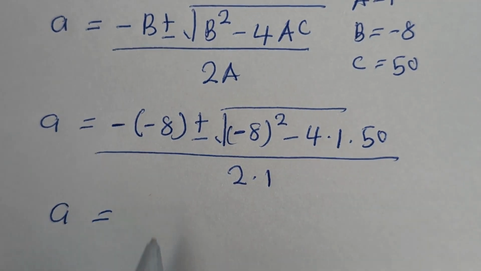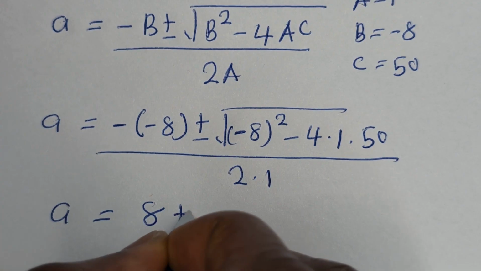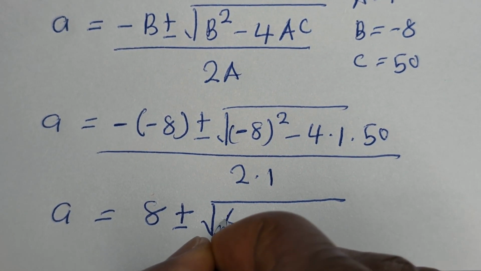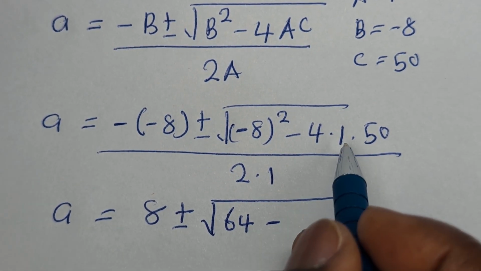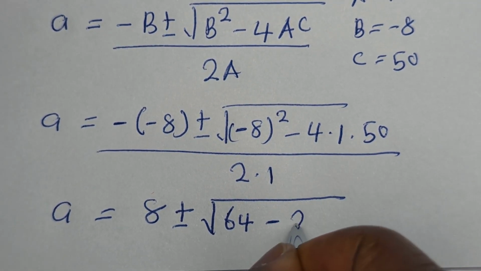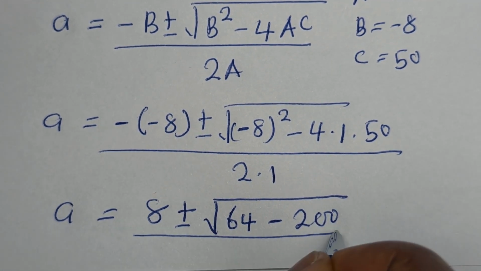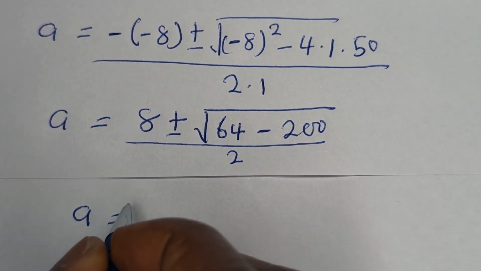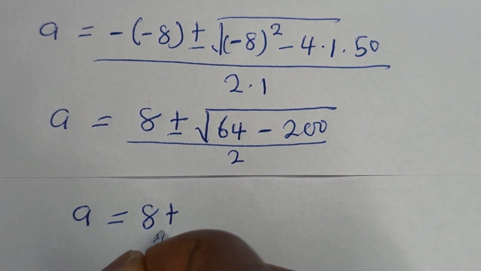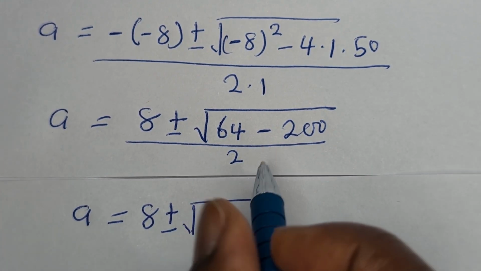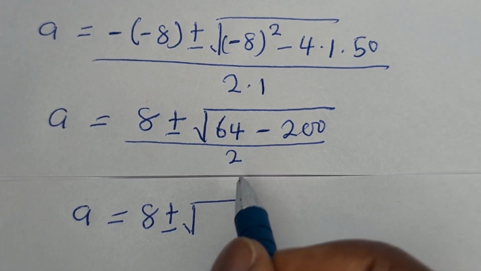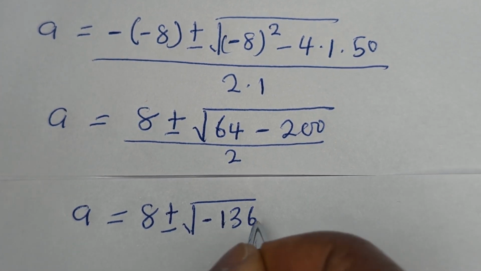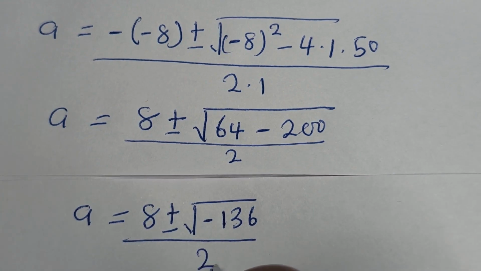a is equal to 8 plus or minus square root of minus 8 squared, that is 64, minus 4 multiplied by 1 multiplied by 50, 200, over 2 multiplied by 1, 2. a is equal to 8 plus or minus square root of 64 minus 200, that is minus 136, over 2.